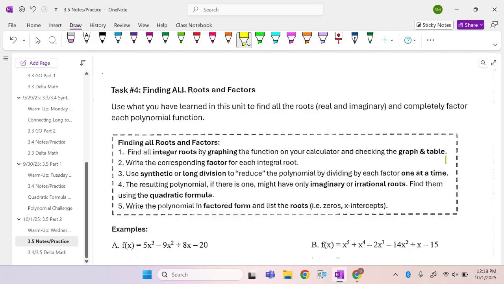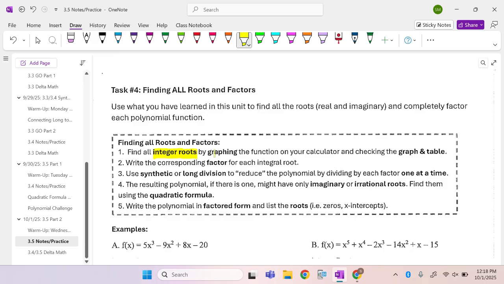Okay. So when we are finding all the roots, and that includes the ones that are real, the ones that are integers, the ones that are radicals, the ones that are imaginary. This is why I made you guys practice a lot of quadratic formula yesterday. First thing you would do is you graph the function in Desmos, and you find all of the integer roots, meaning they're nice numbers, so 2, 3, -4, -5, whatever.